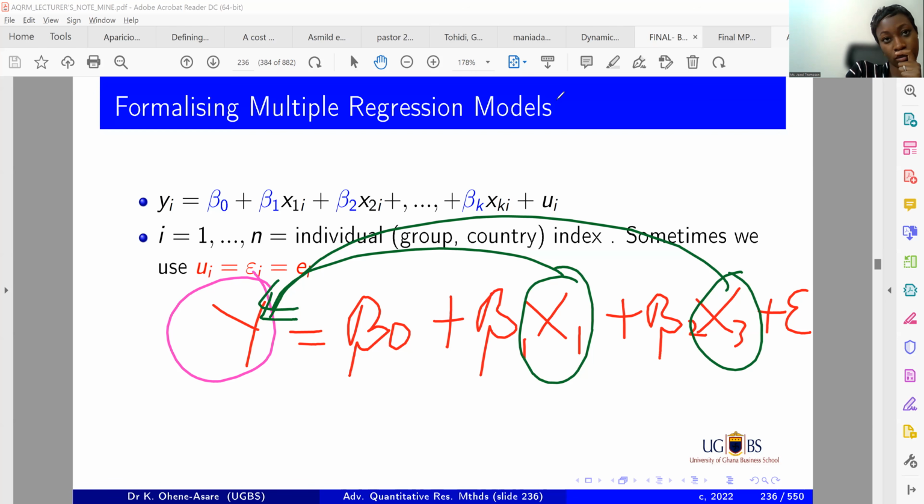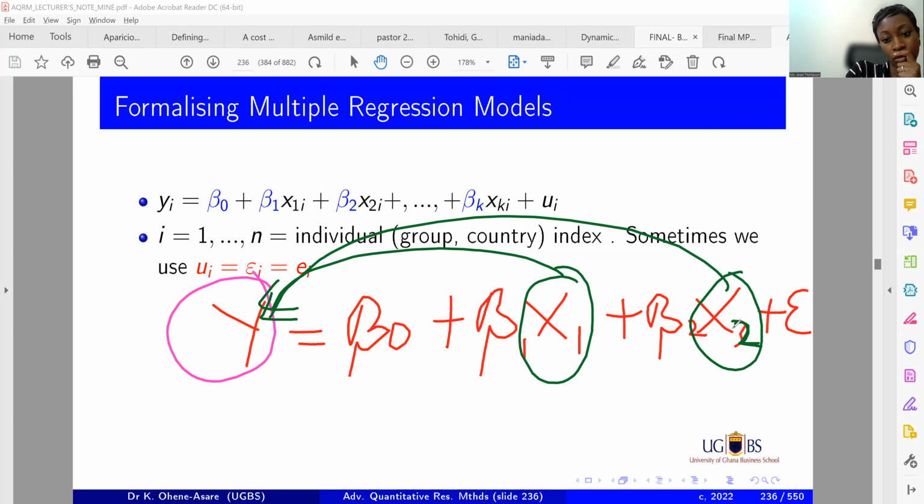I was expecting to see X2, B2, X2, B3, X3. Oh, okay. The way I wrote it, it should be B2, X2, just to be consistent. Sure. Okay, I get it.